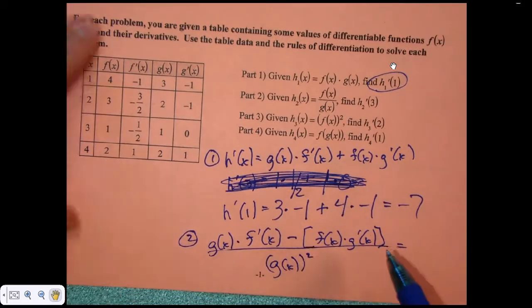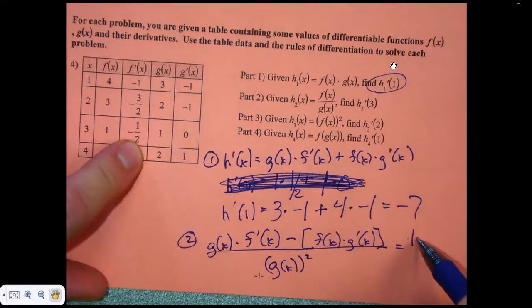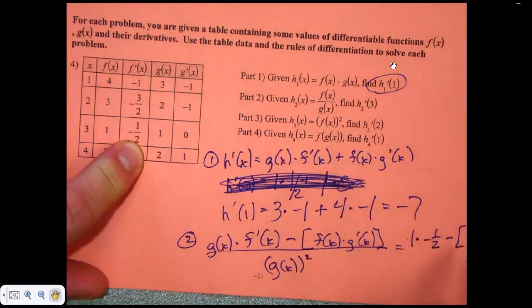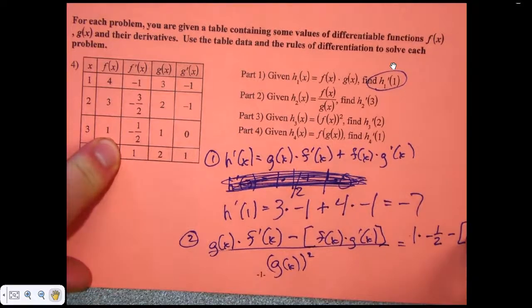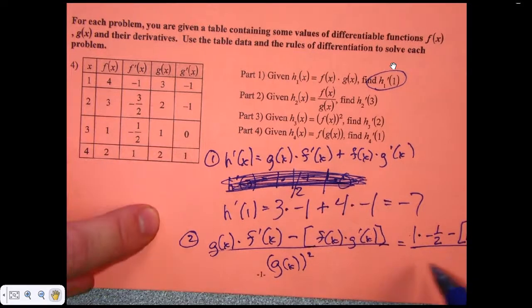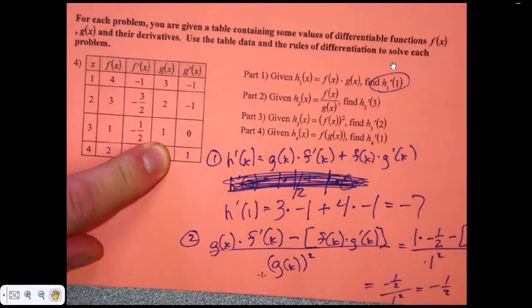So g of 3 is 1 times f prime of 3 is negative 1/2, minus f of 3 is 1, g prime is 0, over g was 1. So this becomes negative 1/2 over 1 squared, which is just negative 1/2.